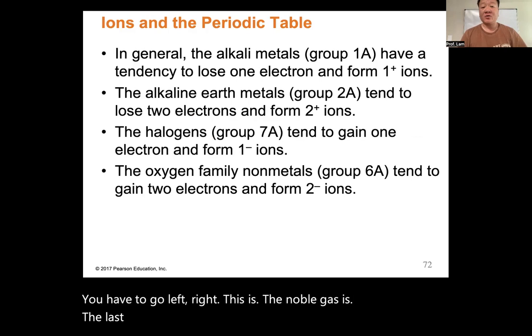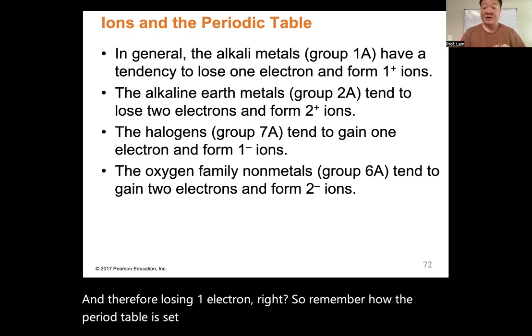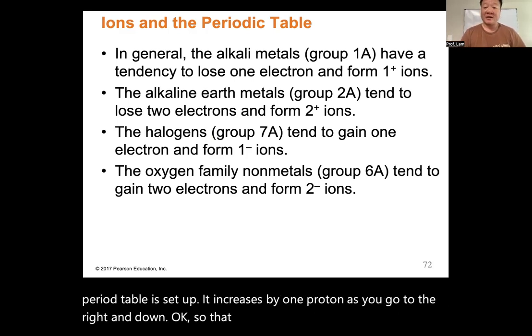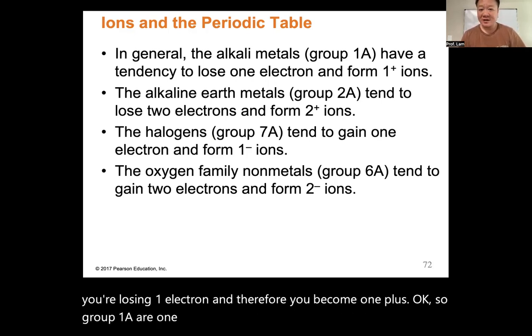So you have to go left, and therefore losing one electron. Remember how the periodic table is set up. It increases by one proton as you go to the right and down. So if you go back left one space, you're losing one electron, and therefore you become 1 plus. So group 1A are 1 plus ions.